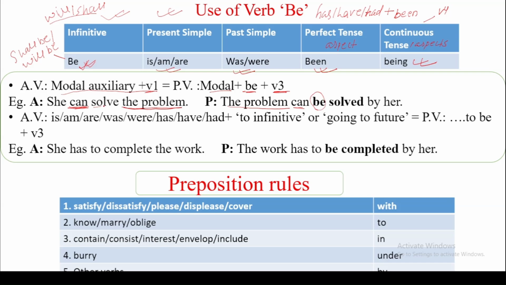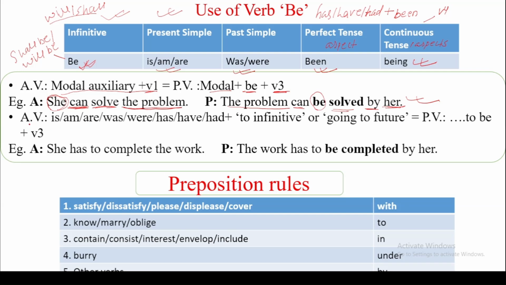Then we change the main verb into V3. The past participle of solve is solved. Then we add preposition by. Then we change subject of active into object in passive. So the objective case of she is her. So this is one case.